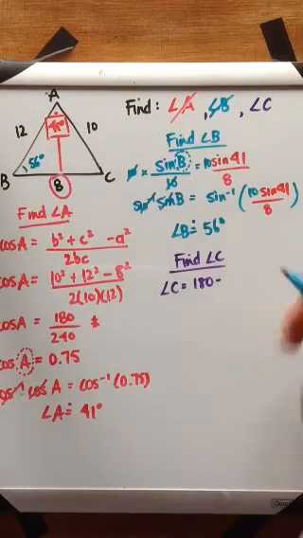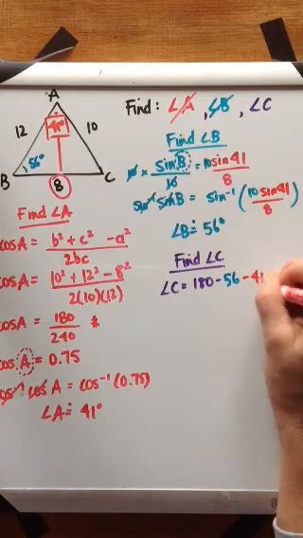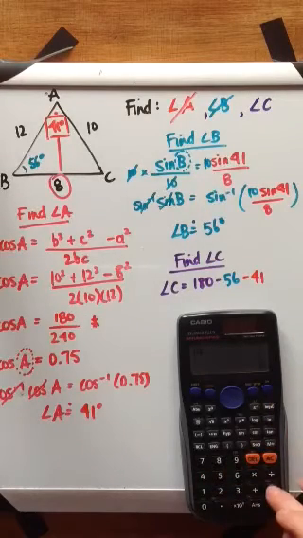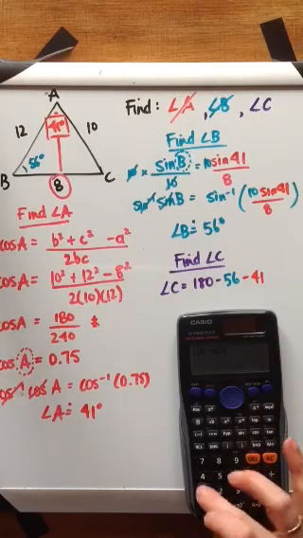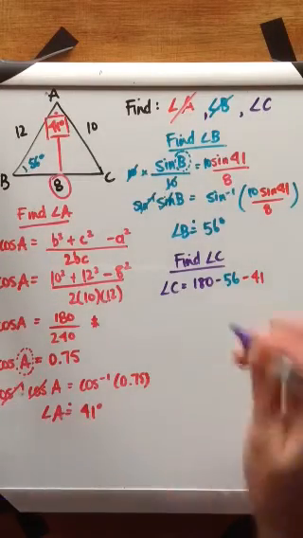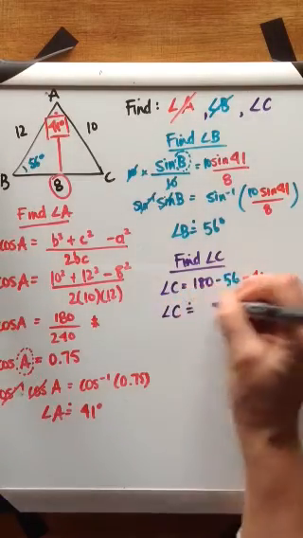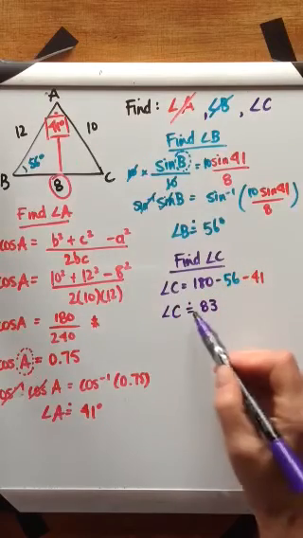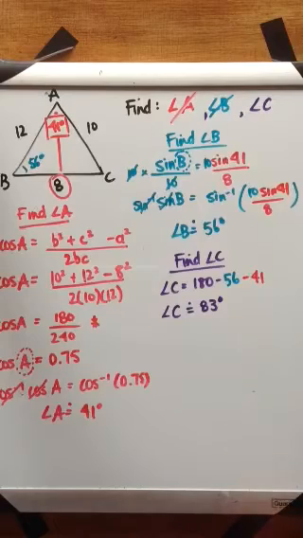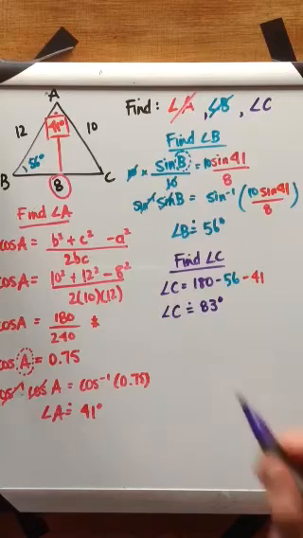So 180 minus 56 minus 41. All right, let's check it out. 83 degrees. I'm still going to put an approximately equal to because it was also based on using some rounded angle values as well.